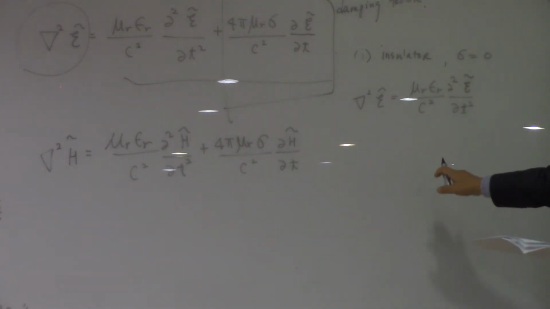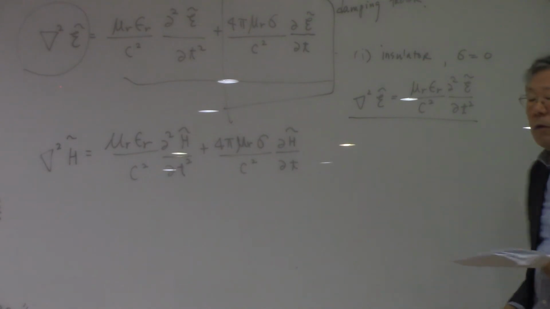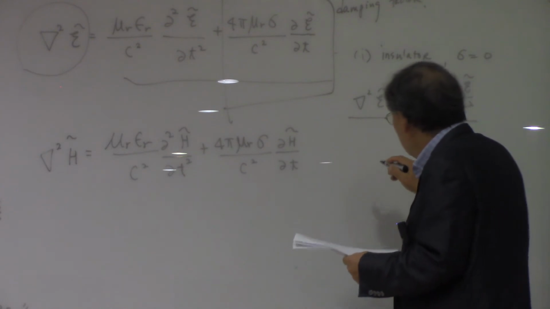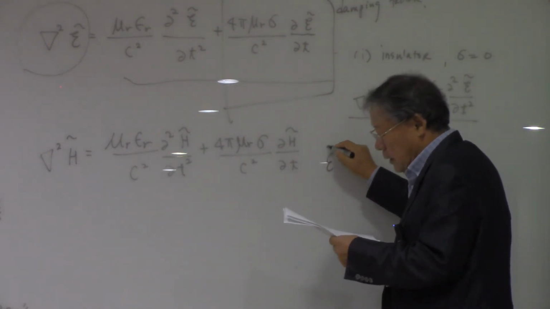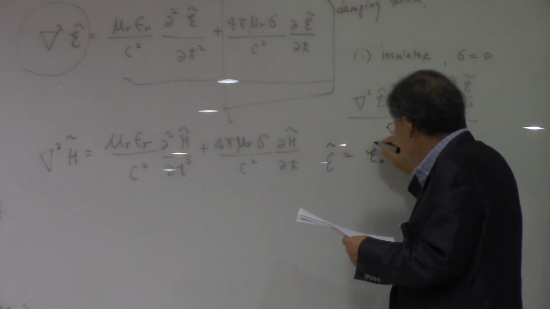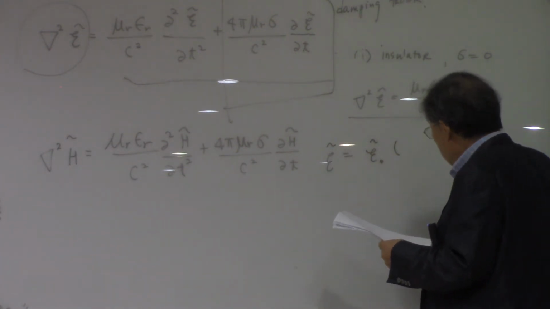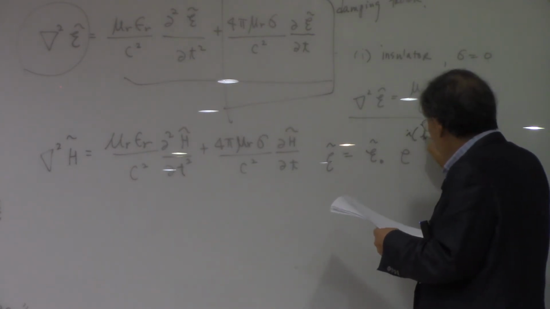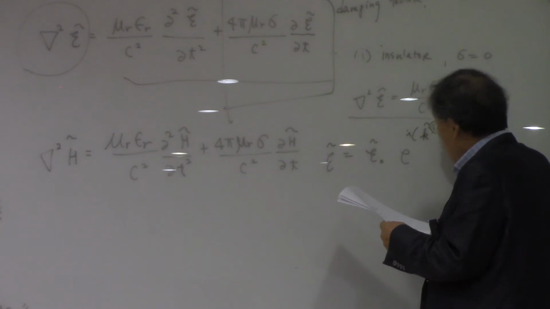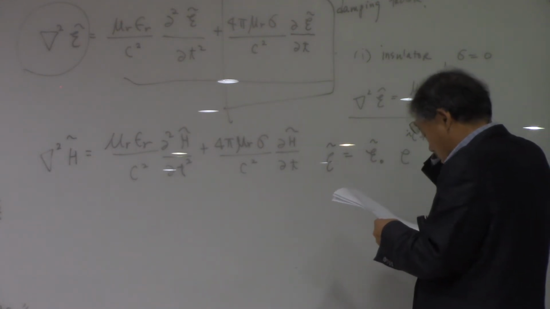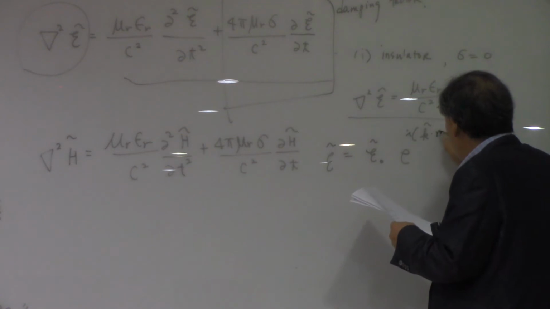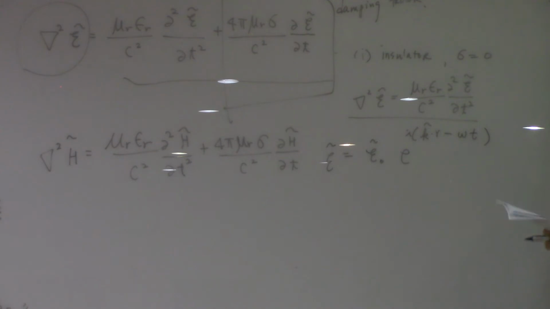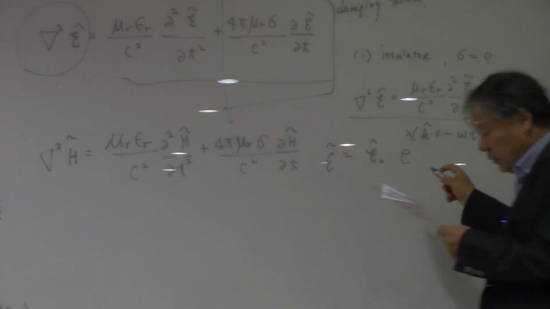So this is the typical wave equation, right? Then the solution of this is going to be E naught e to the i k r minus omega t. That is the general solution.